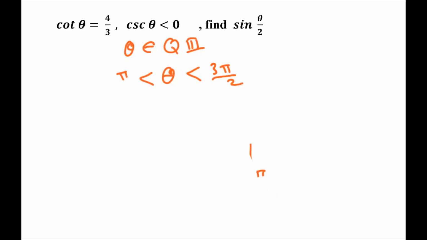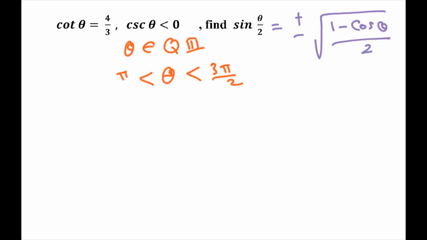Now, if we are trying to find sine theta over 2, that's equal to positive or negative square root of (1 minus cosine theta) over 2. Now we need to find cosine theta. So, triangle, that's again adjacent and opposite.